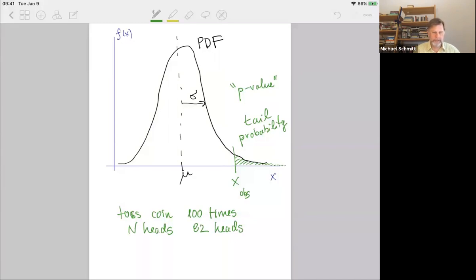You'd say, either there's something wrong with the coin, or I was somehow really lucky, when I really expected between 35 and 75, something like that. The p-value would tell you how unlikely it is to get 82 heads, or more than 82 heads, when you expected 50 because you tossed the coin 100 times.